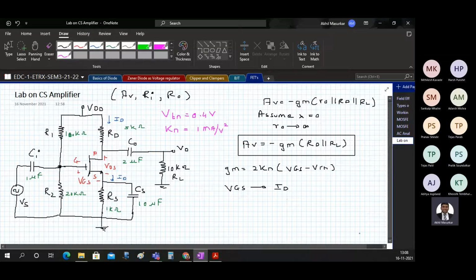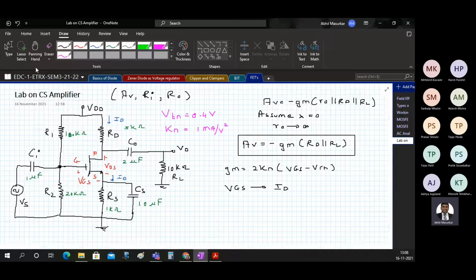So have you copied this much? If yes, write yes in the chat box. Please note these problems are really important. This problem is taken from the book by Donald Neamen. These kinds of problems also come in the exam.